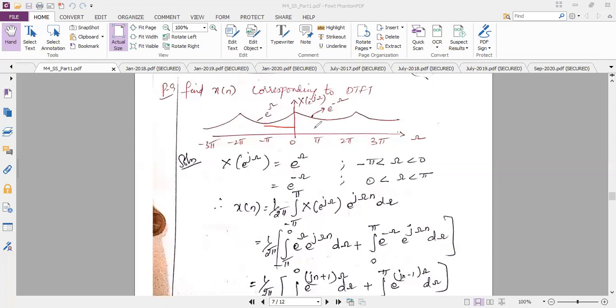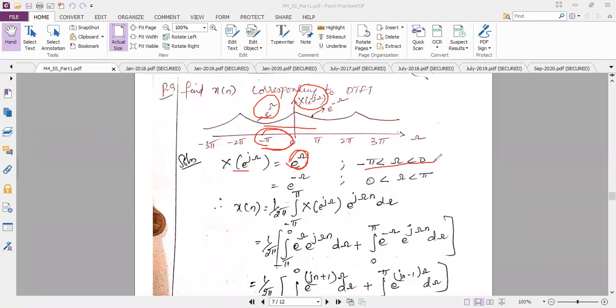So now from the graph, I came to know that X of e power j omega takes an amplitude of e power plus omega for the interval minus pi to 0. I'm just highlighting in the diagram, minus pi to 0 is e power omega. So I am just writing the above diagram in terms of an equation, because the diagram will not help us find the solution.